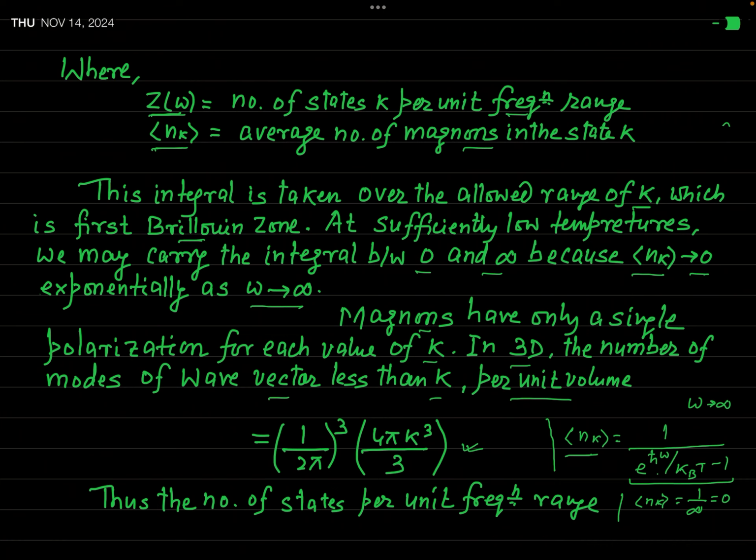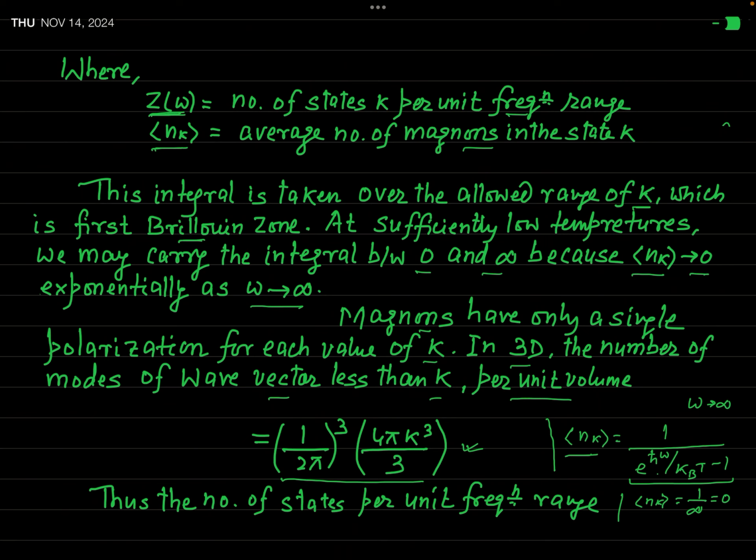Okay, so this is the number of modes of vibration, and as this z of omega is the number of states per unit frequency range, if you want to find the value of z omega, then you have simply to find the value of these modes of vibration for unit frequency range.